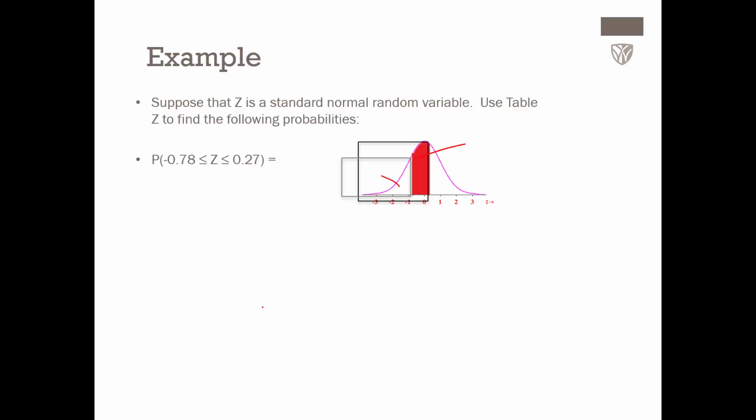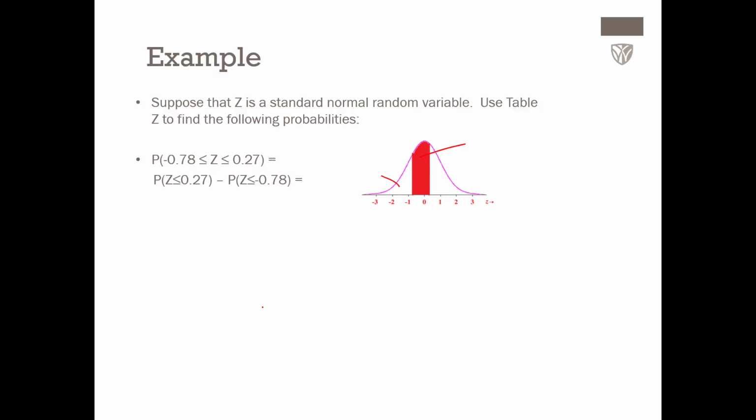Well, it turns out that unshaded part is just the probability that z is less than or equal to negative 0.78. So if we compute the probability that z is less than or equal to 0.27, that gives us everything to the left. If we subtract off the probability that z is less than or equal to negative 0.78, that gets rid of the unshaded part that we don't need, and we're left with what we're interested in, the center.